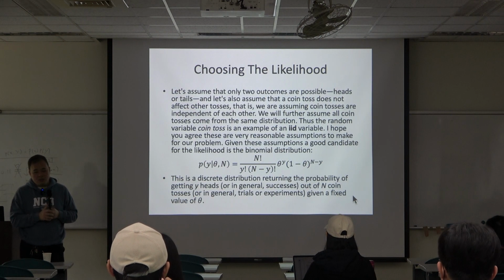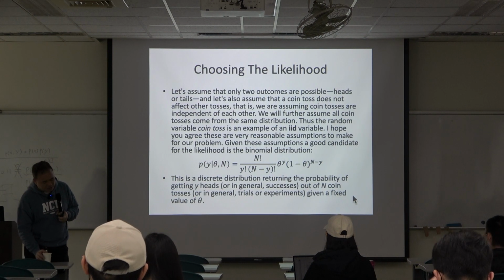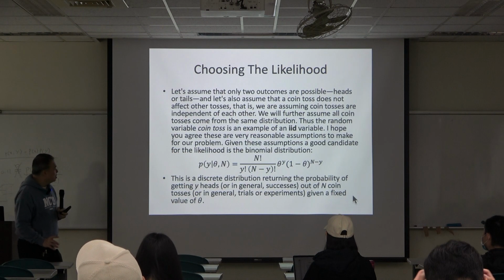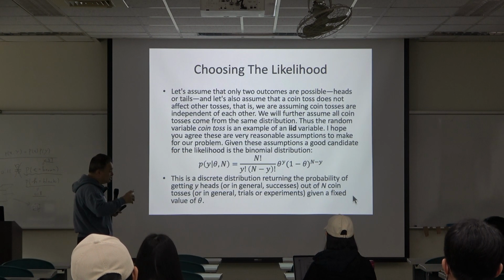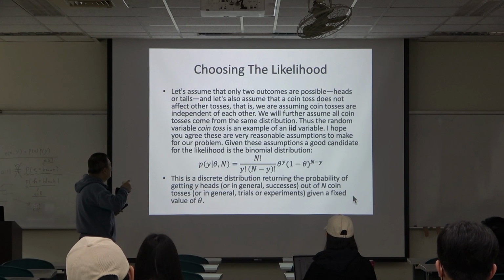Based on these assumptions, the random variable coin toss is an example of an IID variable. These assumptions are important. Without them, we don't have an IID variable, and it will become much more difficult. This assumption should be reasonable. If you don't agree, then it's going to be much more complicated, as I said.